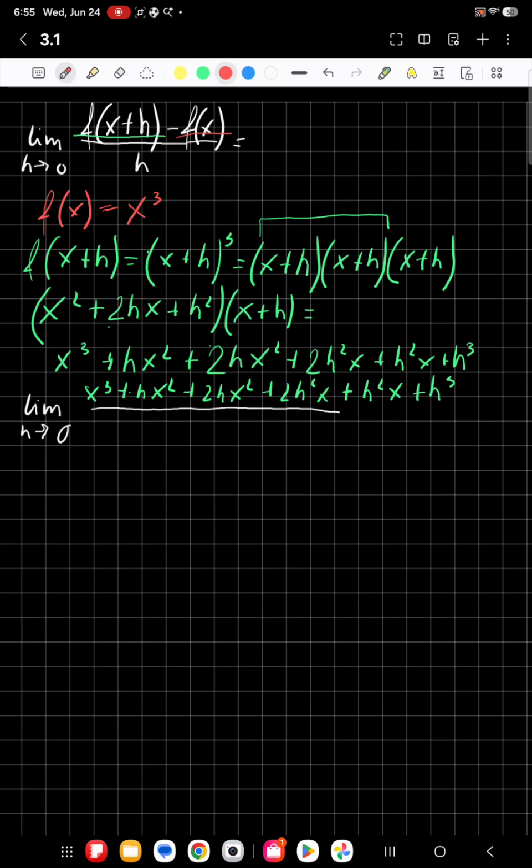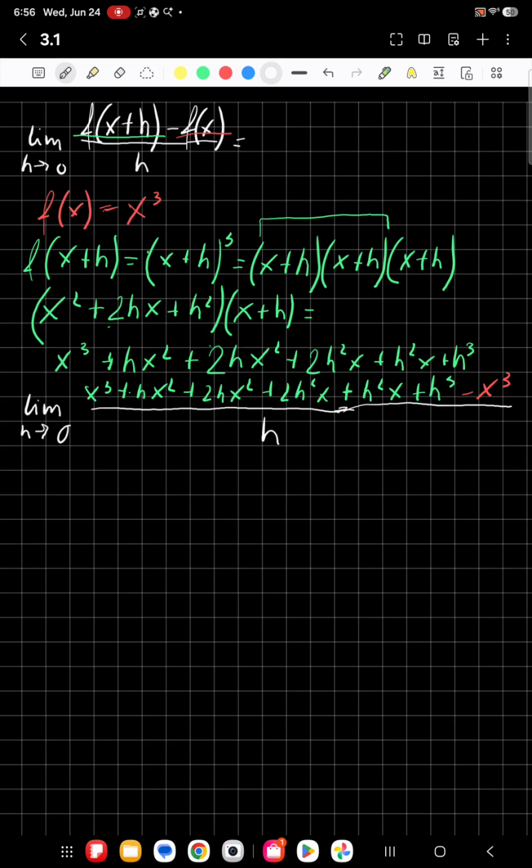And then I have minus, right? So now I finished that f of x plus h, so now I'm subtracting f of x. So minus x cubed. Okay. And it's all divided by h.